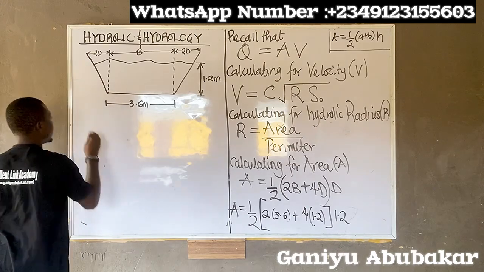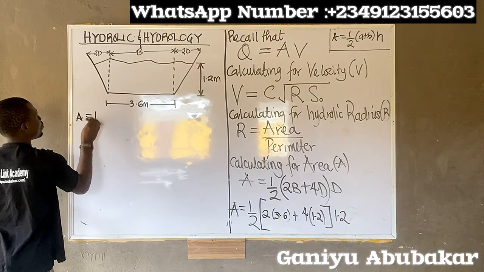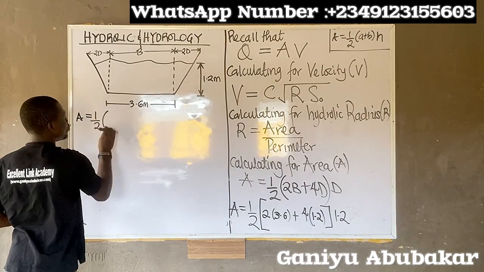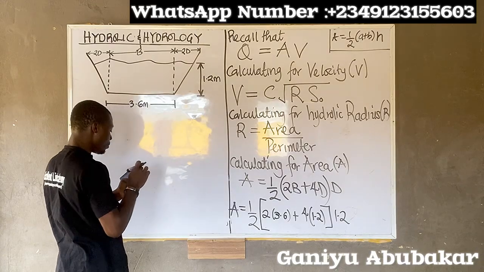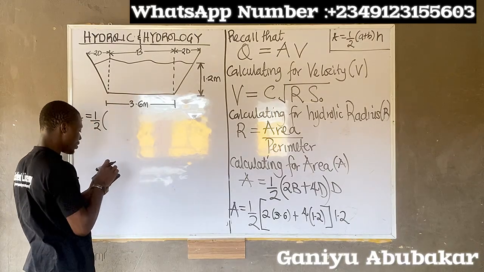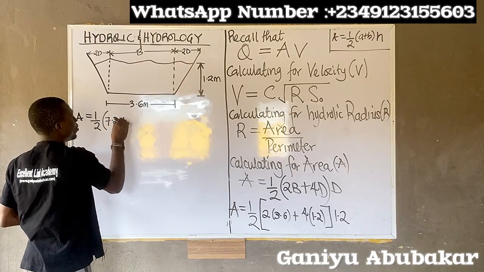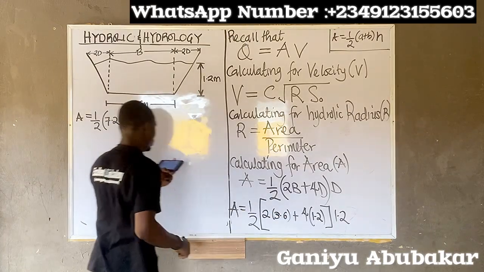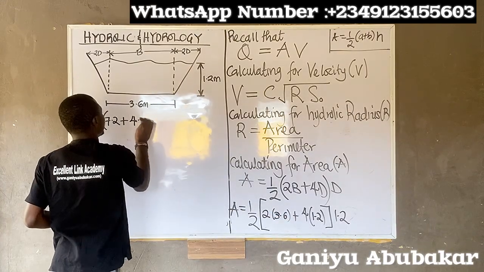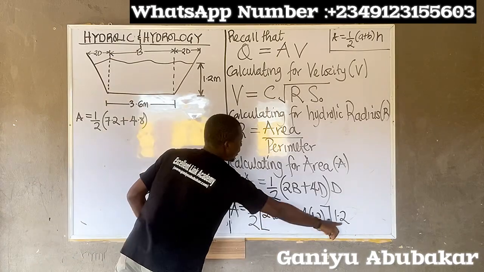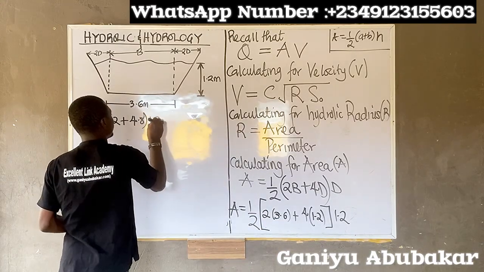From here, area is equal to half into 2 times 3.6, that gives 7.2, plus 4 times 1.2, that gives about 4.8. Of course, I have my depth there, 1.2.